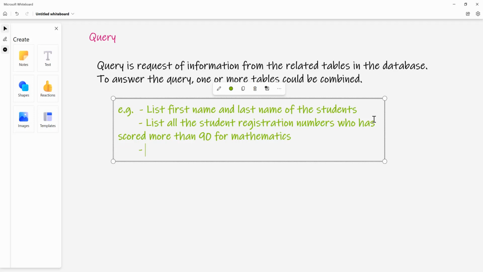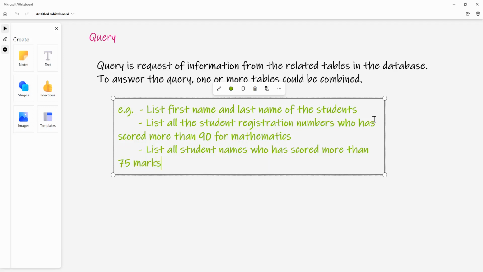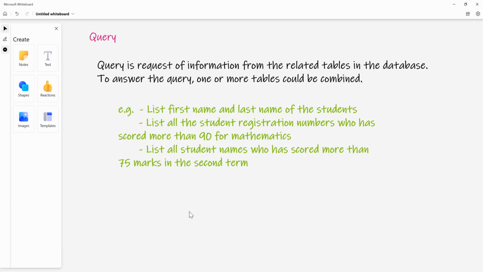Another one, list all student names who have scored more than 75 marks in the second term. So queries can be complex. You see that things are getting more and more complex.